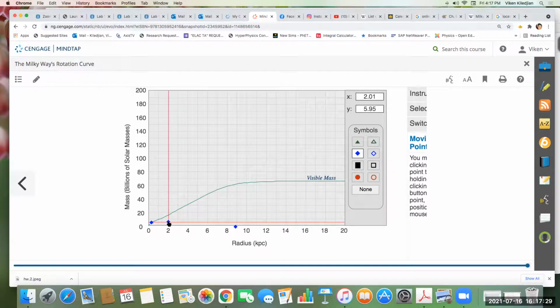Oh, wow, it's very hard getting it just right. I don't have steady hands. Okay, that's close enough. Take another picture.